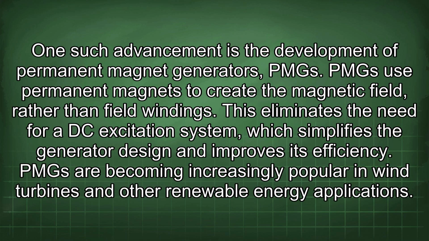One such advancement is the development of permanent magnet generators, PMGs. PMGs use permanent magnets to create the magnetic field, rather than field windings. This eliminates the need for a DC excitation system, which simplifies the generator design and improves its efficiency. PMGs are becoming increasingly popular in wind turbines and other renewable energy applications.